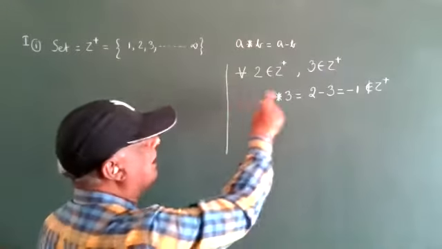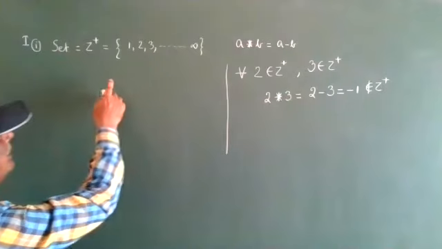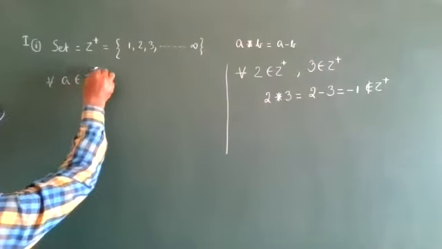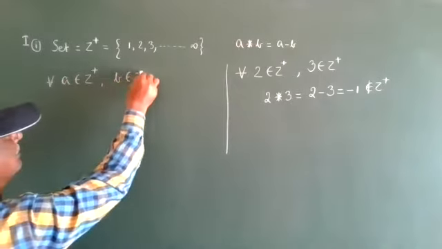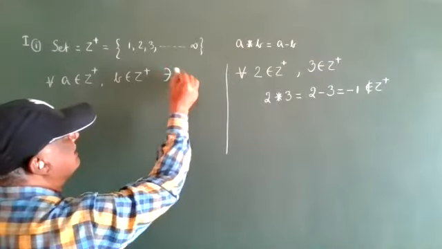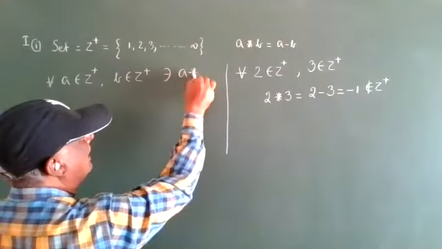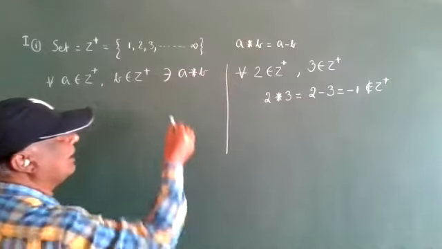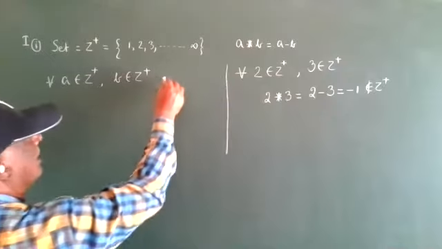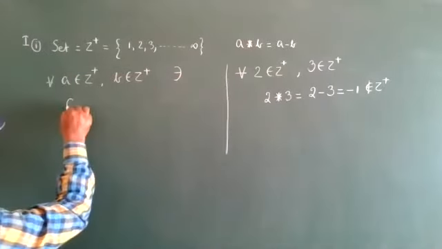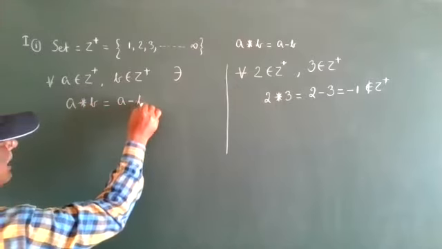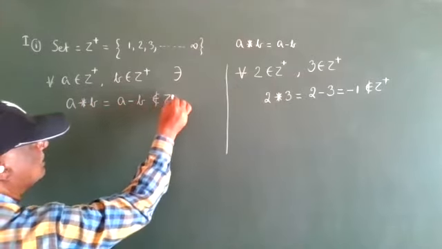Okay, so now the example is over. Now write down in terms of words. For all A belongs to Z plus, B belongs to Z plus, such that A star B, the operation, is given by A minus B, does not belong to Z plus.